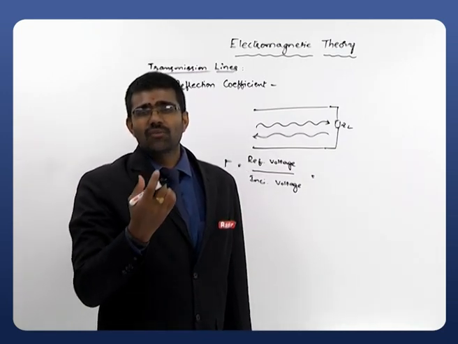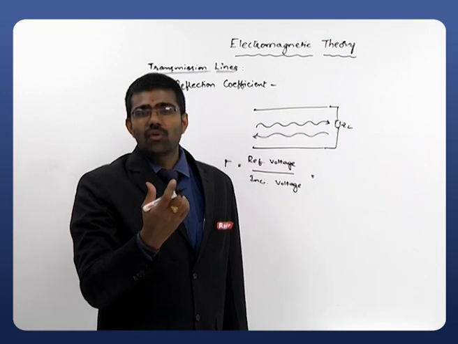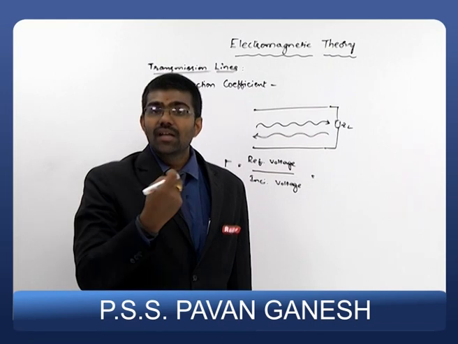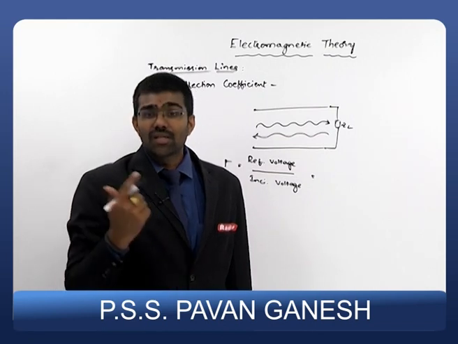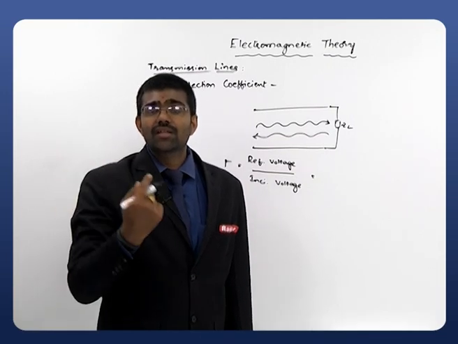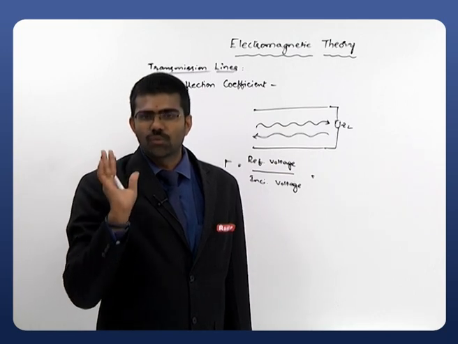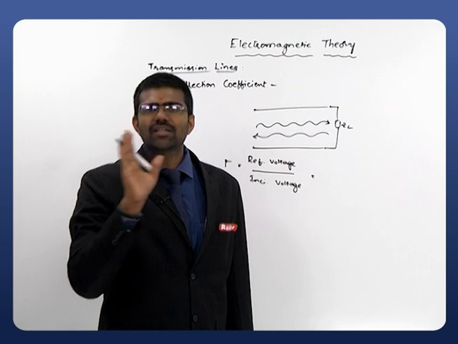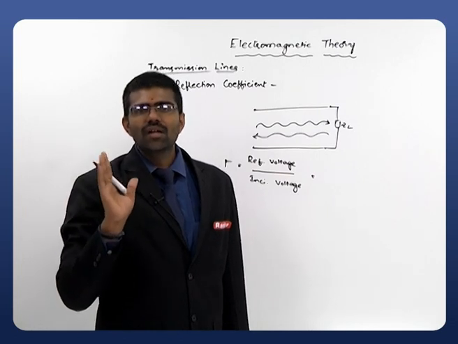For the voltage equation of our transmission line, we will have the voltage which is traveling in the positive z direction and the voltage which is traveling in the negative z direction. The voltage traveling in the negative z direction can be taken as the reflected voltage. Similarly, the voltage traveling in the positive z direction can be taken as the incident voltage.